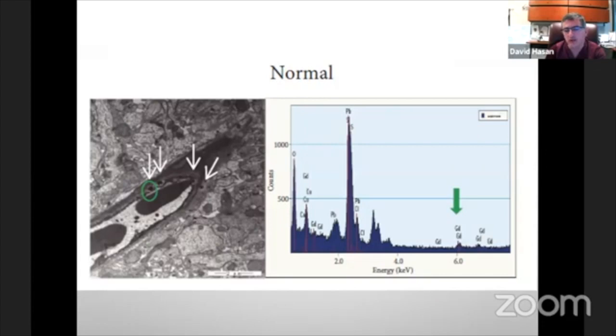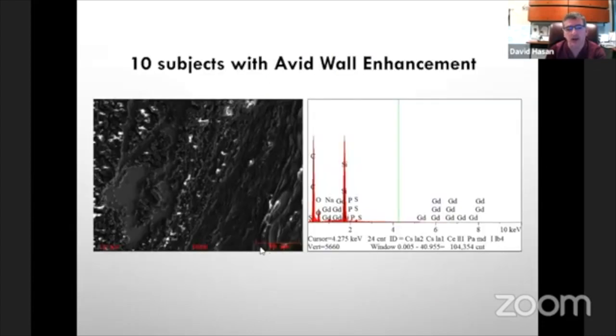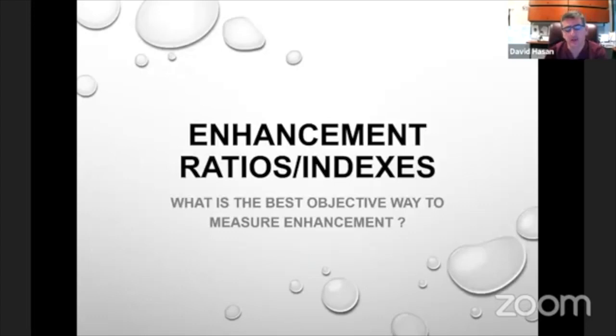So we used that control tissue and we did our aneurysm wall. We did about 7 aneurysm walls that enhanced with gadolinium. And we did the electron microscopy to see if there's gadolinium within the tissue of the wall. And unfortunately, we did not see it. So that in itself gave us the idea that the enhancement has a different meaning. It's not within the aneurysm wall, it's the interface. And I'll go over it in a little bit.